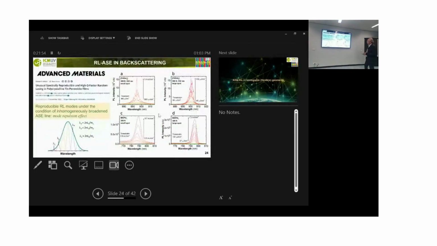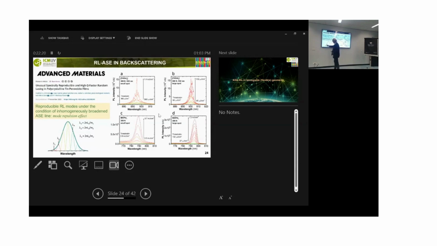And the reason for the observation of this spectrally reproducible, high Q factor random lasing, we attribute to the inhomogeneously broadened emission line.